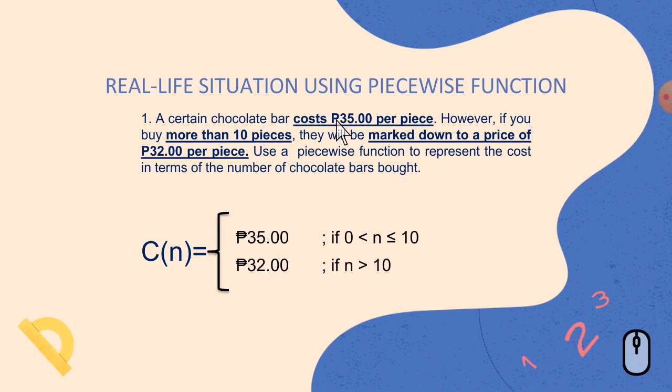Next, 32 pesos naman kapag, sabi dito, 32 pesos if the value of N is greater than 10. So, yung value ng N natin, ano ba yung N natin ulit? Ito yung number ng chocolate na bibilhin. So, kapag yung value ng N natin ay lalagpas sa 10, ang babayaran natin ay 32 pesos.